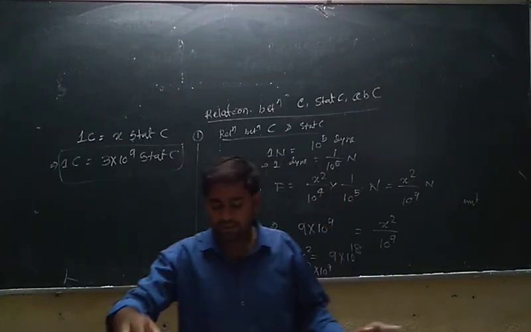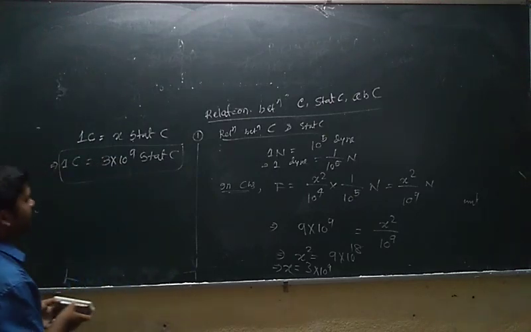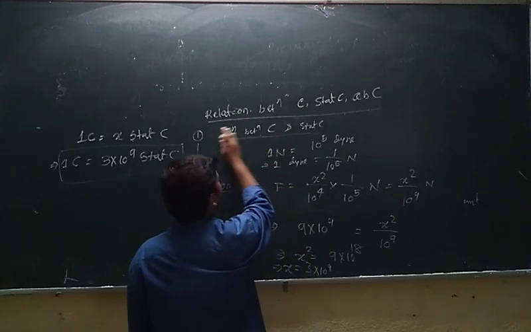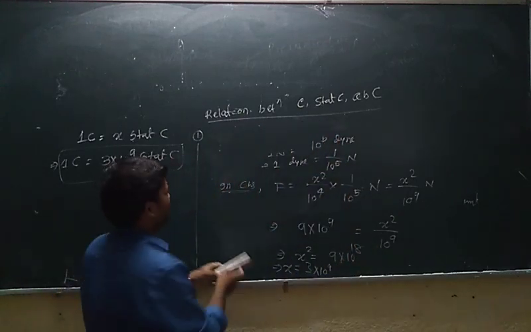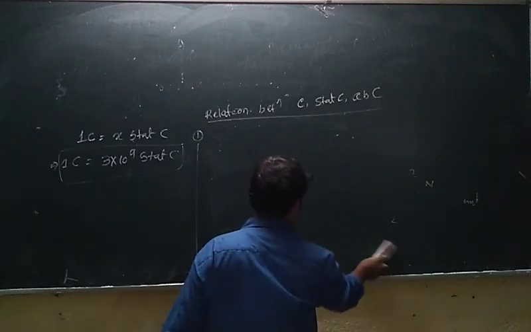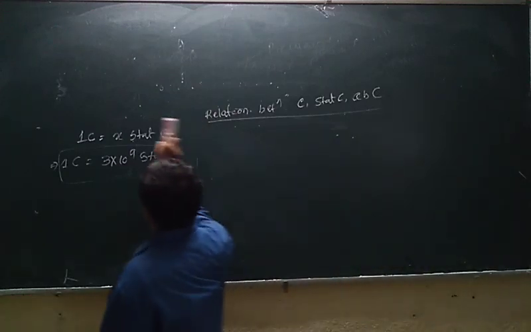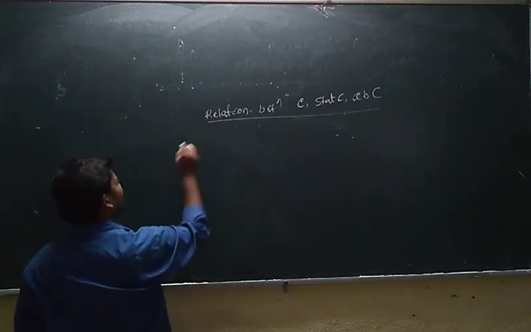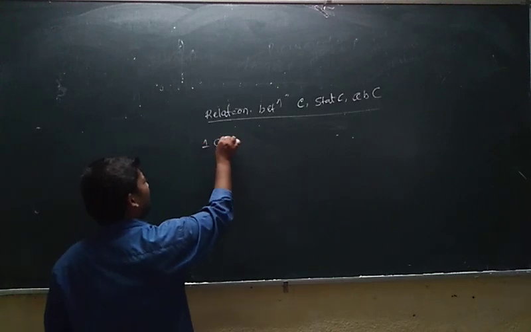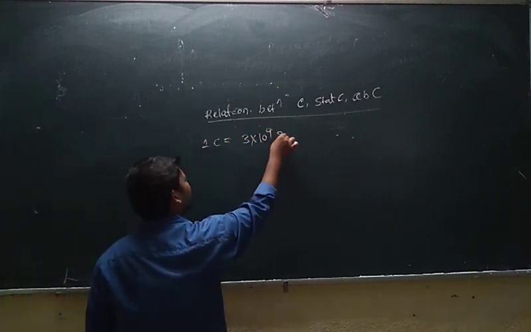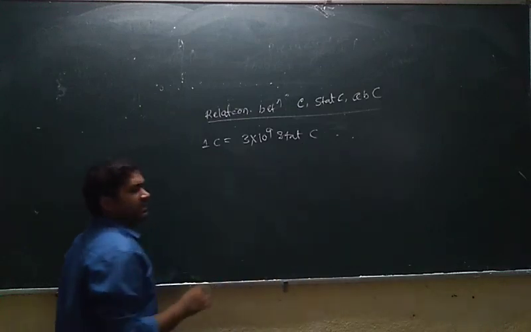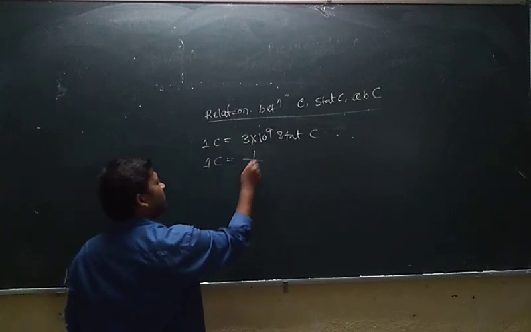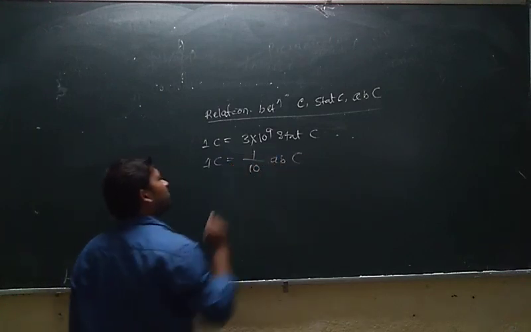Second thing, we measure the abcoulomb unit. When we take the measurement about the relation between coulomb and abcoulomb, what we get: 1 coulomb equal to 3 into 10 to the power 9 statcoulomb, and in abcoulomb or electromagnetic unit, 1 coulomb will be 1 by 10 abcoulomb.